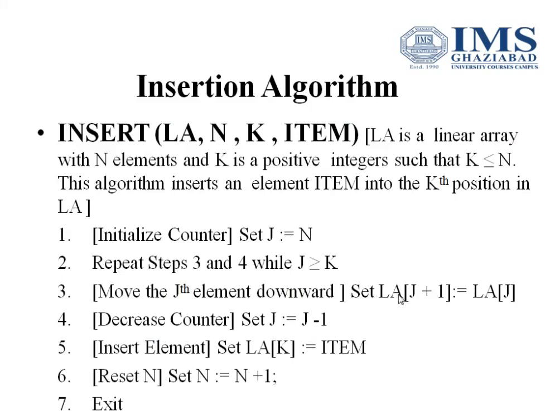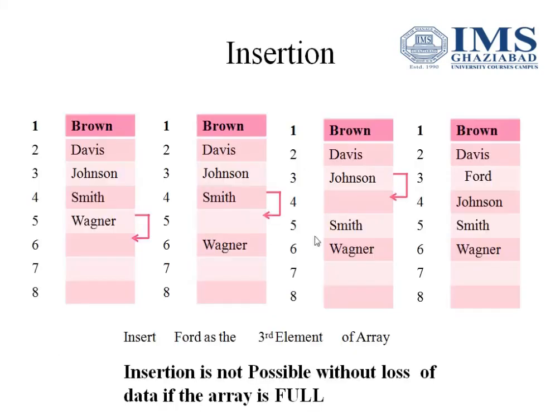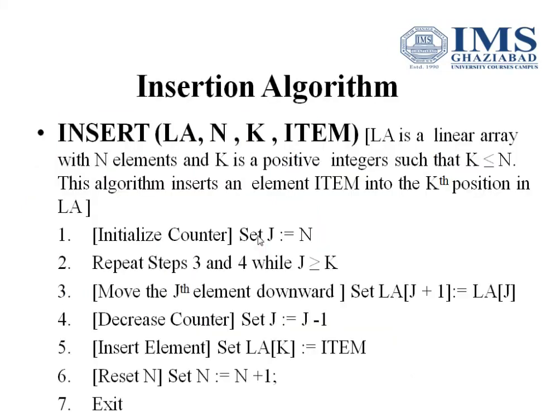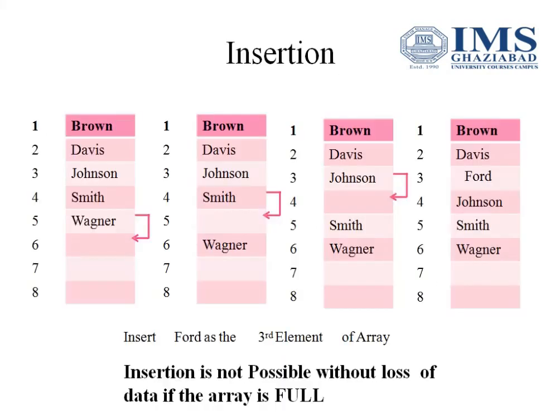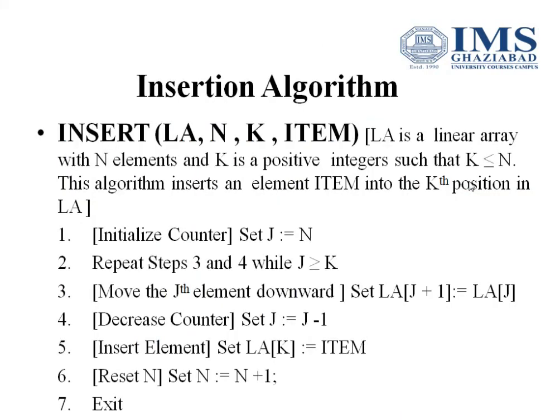So here the value of 4 plus 1, that is 5, is equal to the value of LA[4], which means this Smith will get shifted to location 5. So we will repeat the procedure while the value of j is greater than or equal to k. Here k is 3, so when the value of j becomes 3, we will stop the loop.